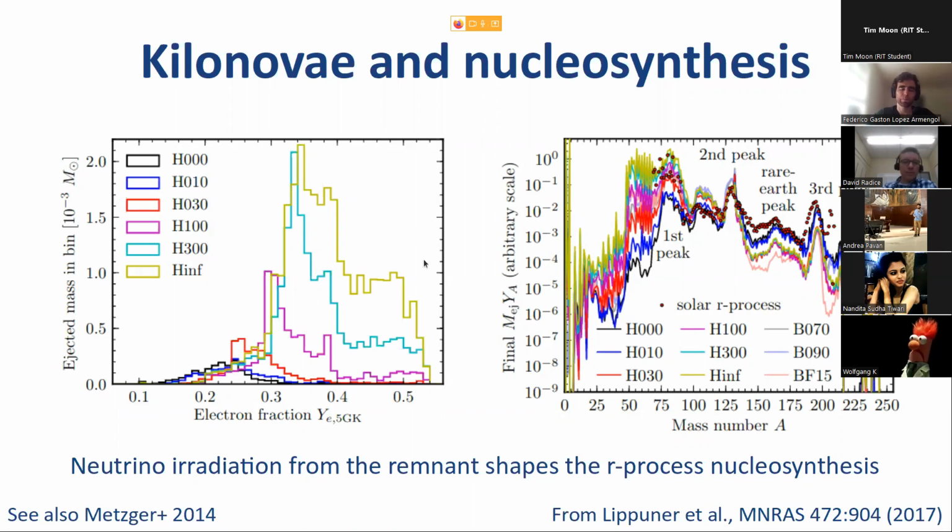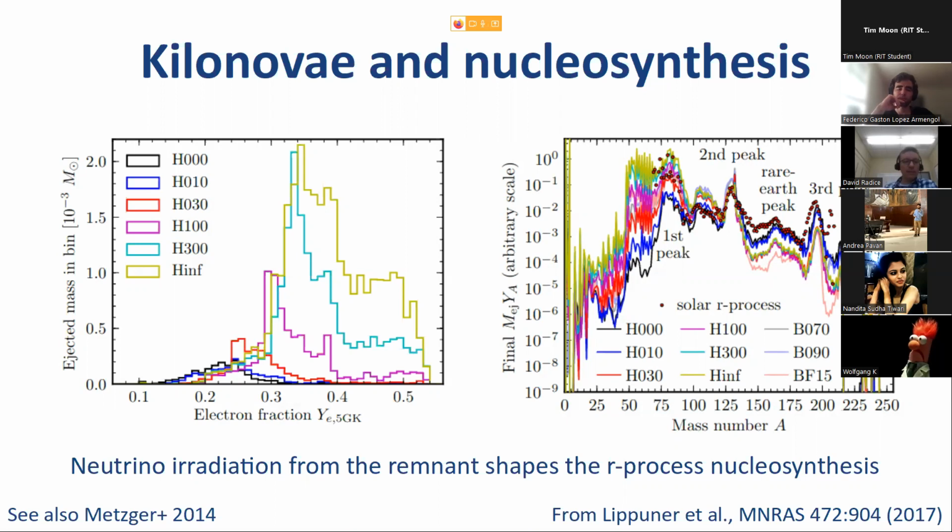The composition here, in terms of proton fraction of the ejecta, will be reflected in the final nucleosynthesis abundances that we can then constrain either by looking at the color of the kilonova or maybe perhaps in the future also with spectroscopy. So in principle, this is a really great idea and an opportunity for us to learn about the post-merger.